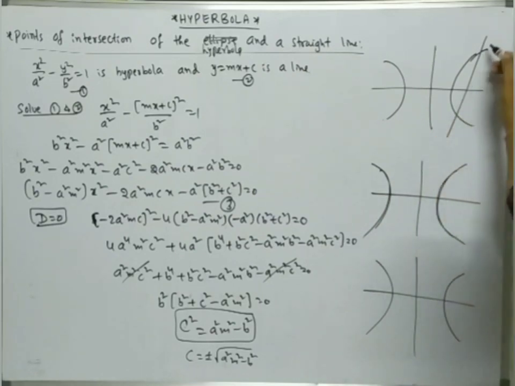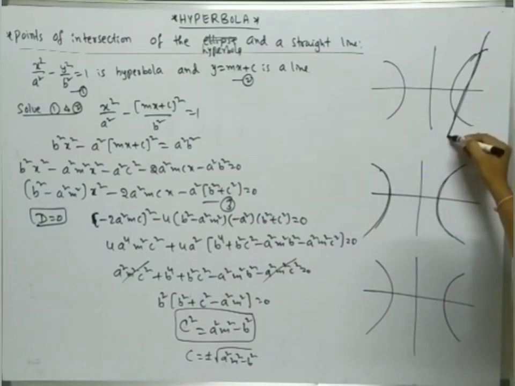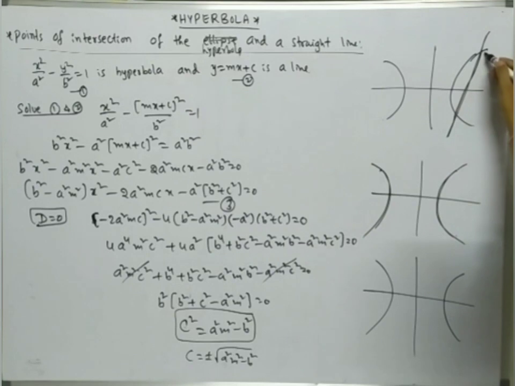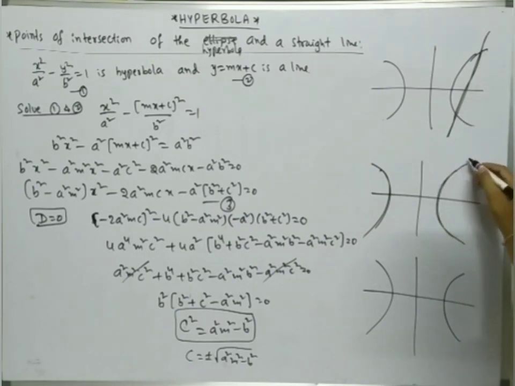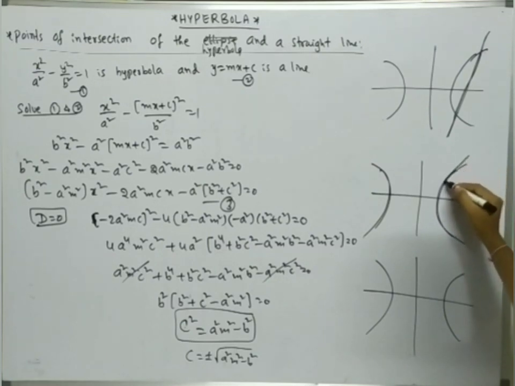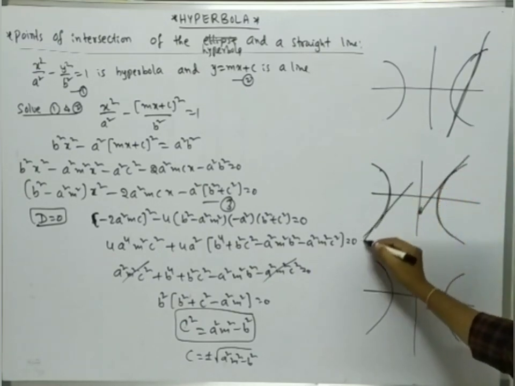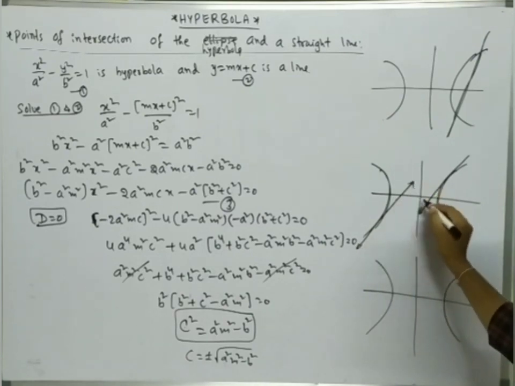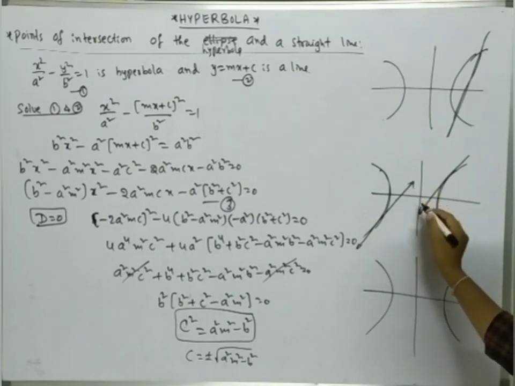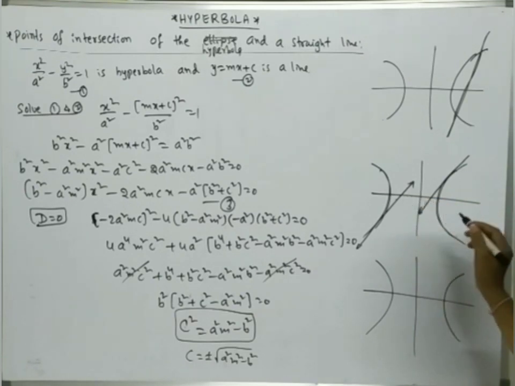The line may intersect at 2 points. This is called a secant line. The line may touch like this, so this is called a tangent line, and this is also a tangent. These two are parallel tangents, so the slopes of these two tangents are equal.